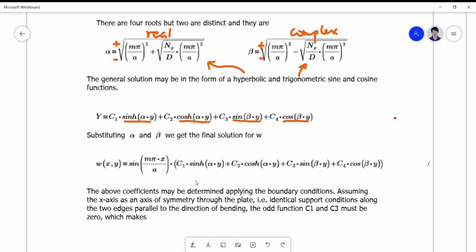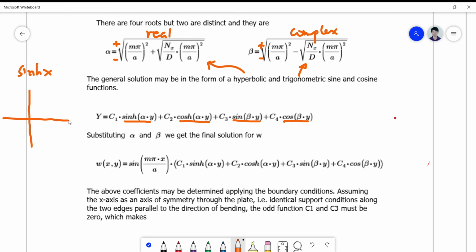So first, if we take a look at this sine and cosine hyperbolic function, we take note that the sine hyperbolic function has a graph more or less in this.